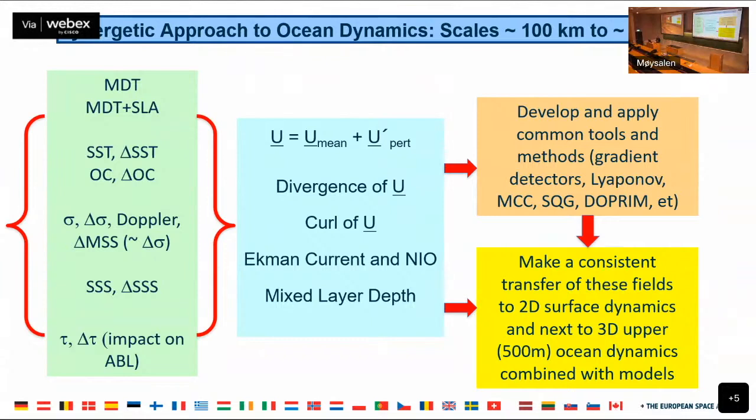And out of this, if we can arrange this into a data-driven, physically constrained approach, we can look into whether we can produce the total surface current, the U mean plus the U perturbing, the divergence of the current field, and the curl of the current field. These are the two drivers for all the fronts we see in most of the SAR images.